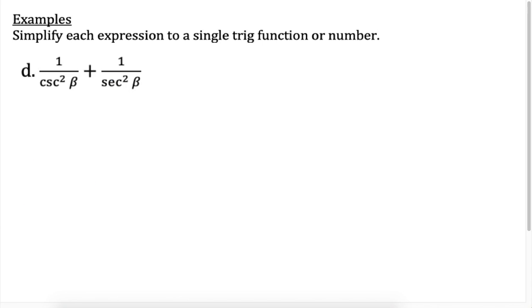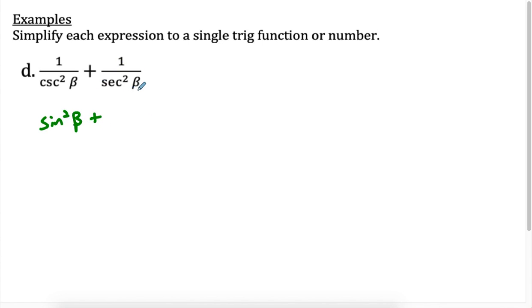Our next example looks a little gross. We've got a couple of fractions. Okay, so we could say that cosecant squared is the reciprocal of sine squared, right? So I can actually just rewrite this as sine squared of beta, right?